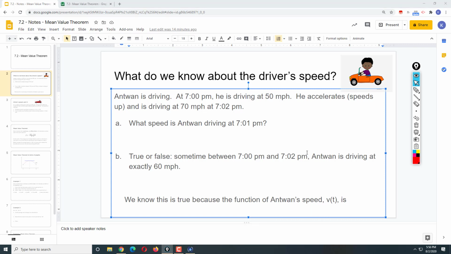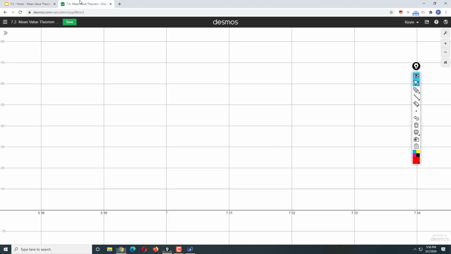In fact, all we know is that at 7, the velocity is 50, and at 7:02, the velocity is 70. But we don't really know what the speed could be in between those two times. Let's go to decimals.